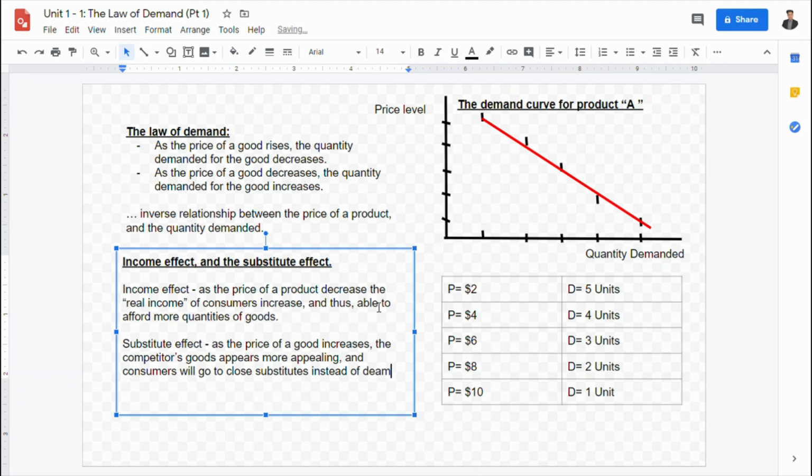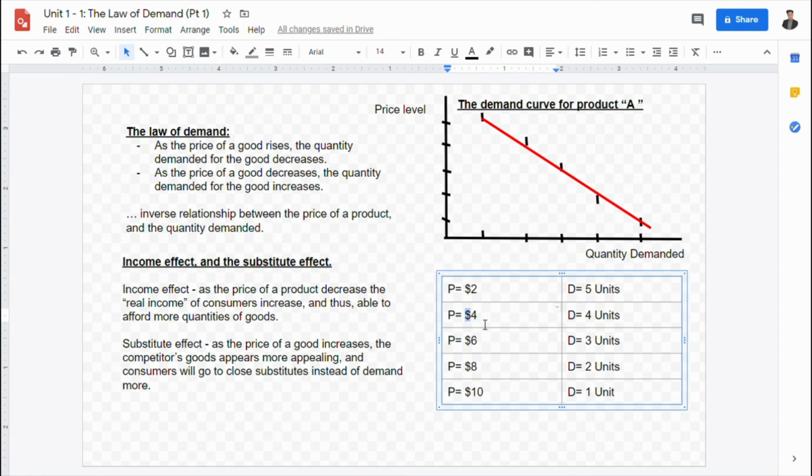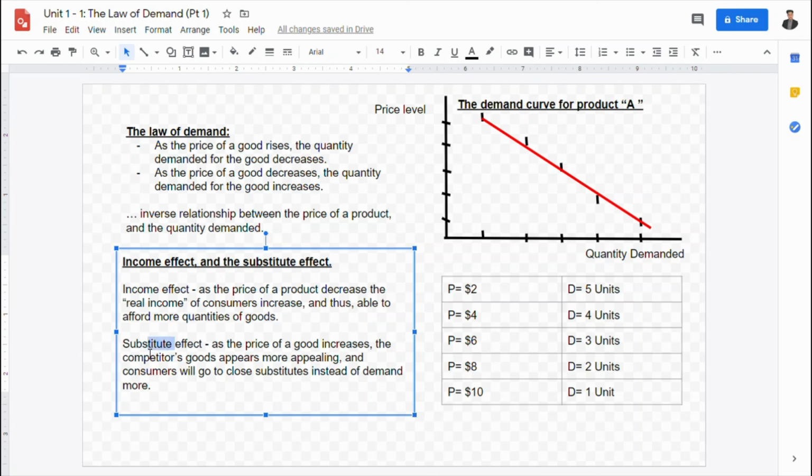demanding more. A classic example is Coca-Cola and Pepsi. They are obviously substitute goods. They're both sodas, and most people say they have similar tastes. If the price of Coke increases from $4 to $6, consumers are incentivized to go to substitute goods, in this case Pepsi, in order to save money.